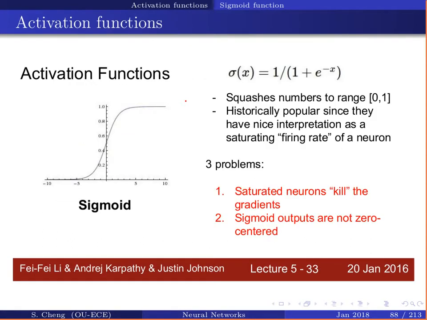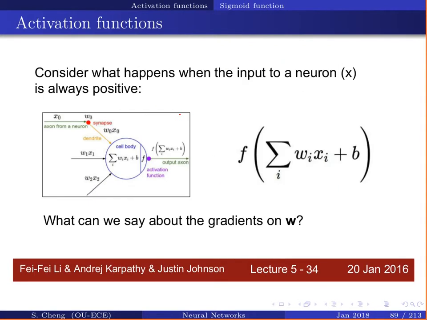More precisely, the output of this activation function is always positive, always 0 or positive. One disadvantage is that if you have a node going through this neuron, you expect all the outputs from this node to be positive, right?